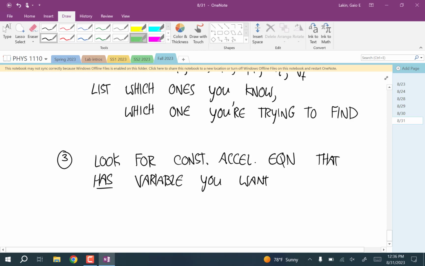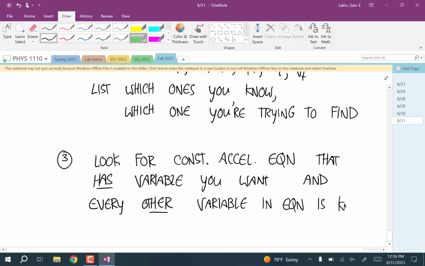And every other variable in the equation is known, because you can only solve for one unknown in a single equation. So if you have two things you don't know, then you can't do anything with it.